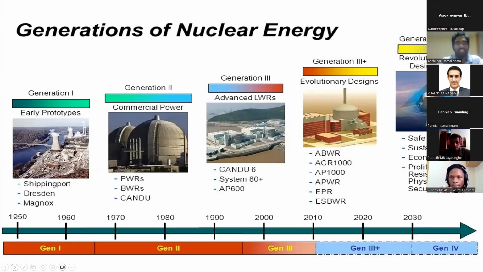In this slide, you can see the timeline and some examples of reactors for each generation. For example, generation 1, the early prototypes, includes Shippingport and Magnox reactors. Then generation 2, generation 3, the 3 plus, and the generation 4 reactors, which are currently under research. Next slide.